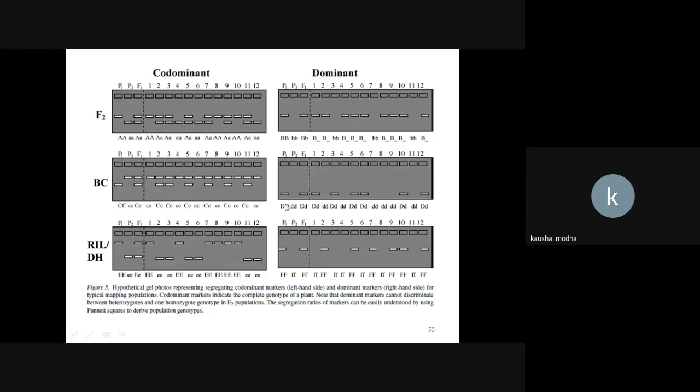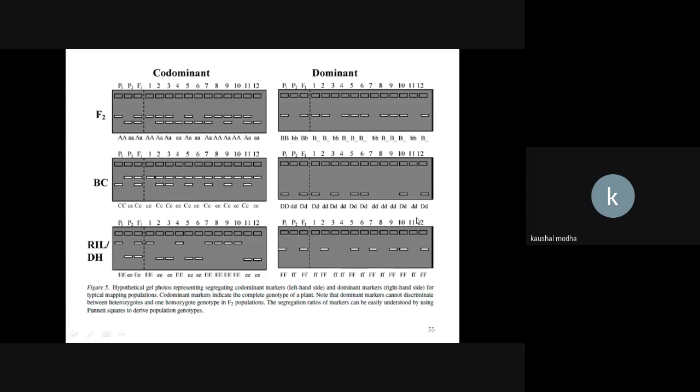If we utilize a dominant marker in the backcross generation, then the band is present in P1, absent in P2, and present in F1. And when you subject the backcross progenies to this dominant marker, the segregation pattern is 1:1. So nearly in half of the progenies the band would be present, and in half of the progenies the band is absent. So you can compare these two for a dominant marker. We find more bands present here, because the segregation is 3:1 for presence and absence of band, and here the segregation is 1:1, one for presence of band, one for absence of band.